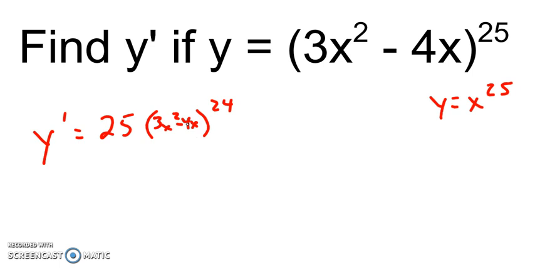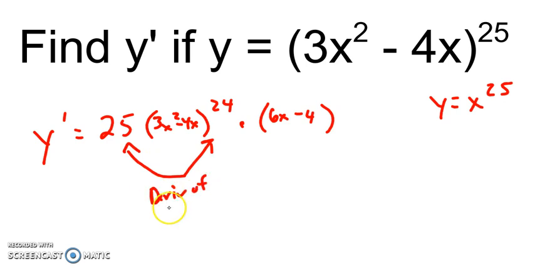Now, I'm going to take it times the derivative of the inside. Well, the derivative of the inside is, again, power rule, 6x minus 4. So again, this is the derivative of the outside function, leaving the inside function.